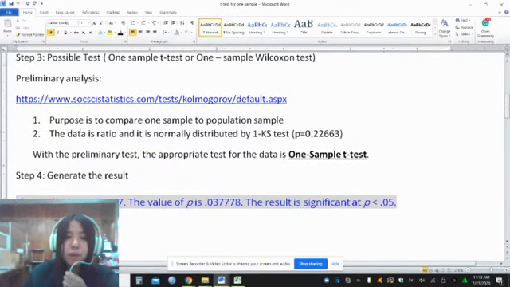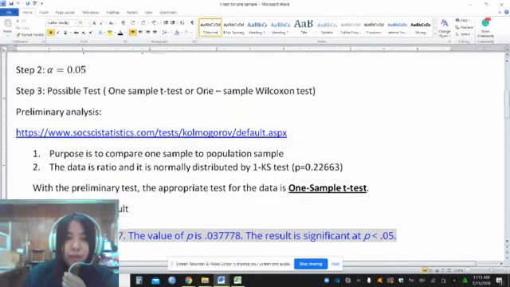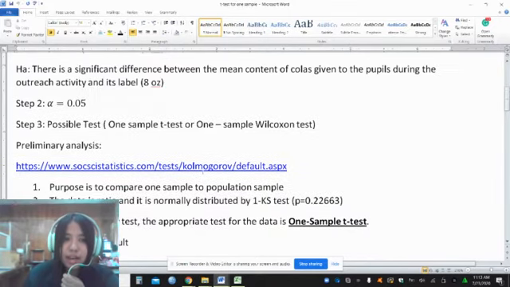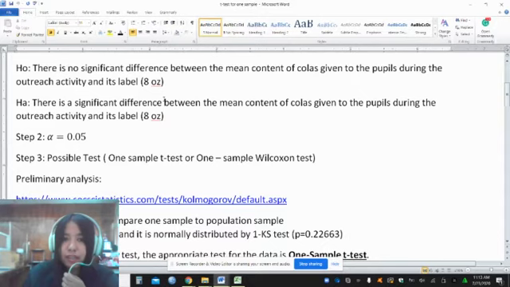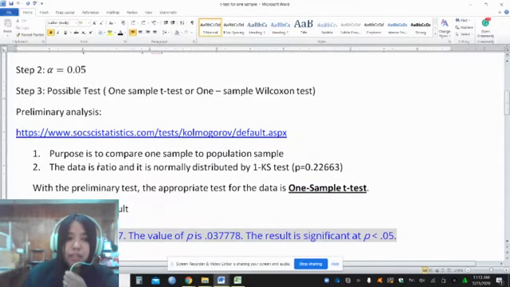And the next one, of course, we have to consider that our purpose is to compare one sample to a population sample. One sample is the mean of the 15 contents of cola, and the population sample is the label on the 8 ounce cola. So the data is ratio and it is normally distributed, but we have to check that first.